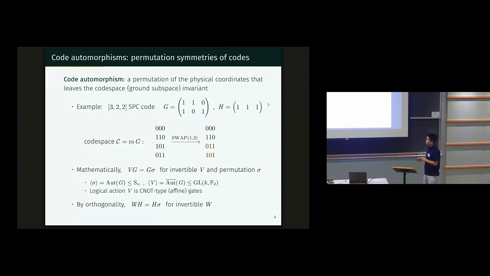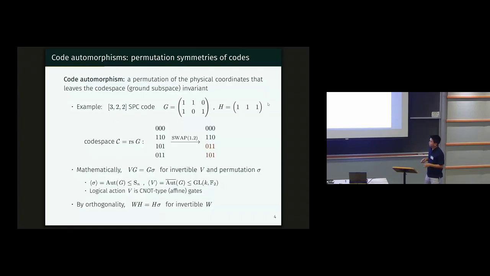More semantics: these permutations live in what people usually call the automorphism group of the code. And these V's on the left live in what we'll call the logical automorphism group, because V encodes what actually happens to your code words, whereas sigma is what you do to the physical coordinates. Another way to think about it is that G acts like a group homomorphism between these two.